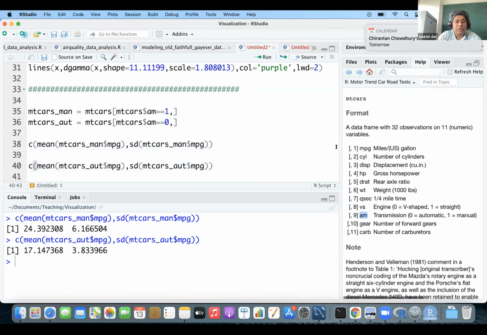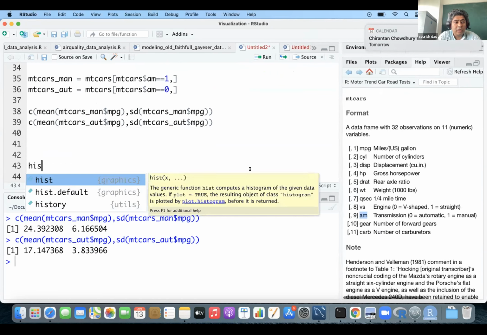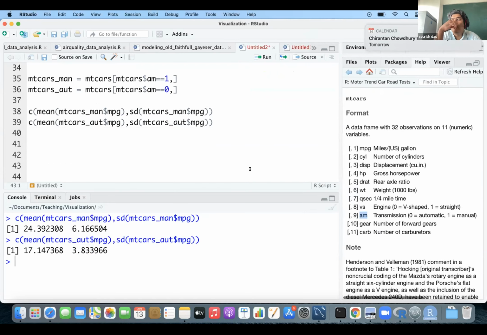So first, we can just draw a histogram of miles per gallon, MPG.